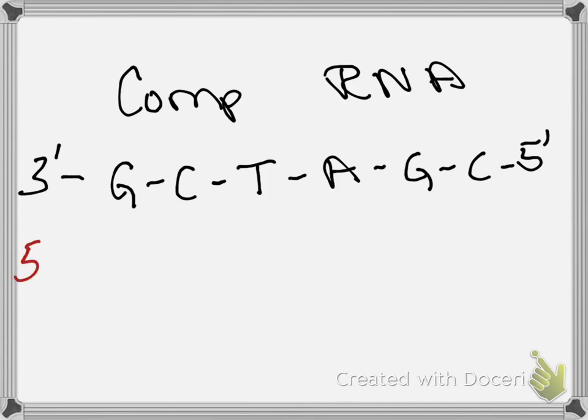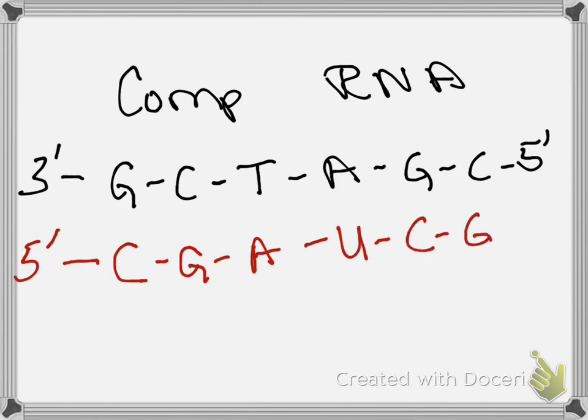So most of you answered this correctly because there was no need to change any orientation. So it was 5 prime, A, and there's no T's in RNA, so you have to remember that that's a U, C, G, 3 prime. Most people answered that one correctly. It was the DNA question with the orientation that people continue to answer incorrectly, and that's an important concept.